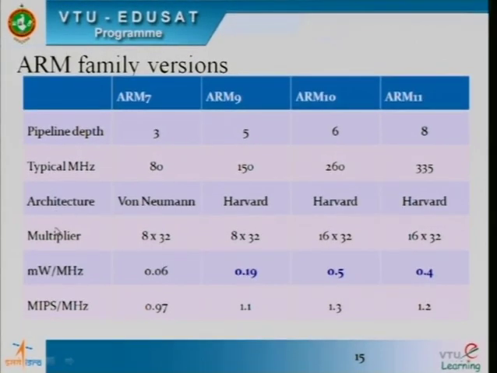And one more point: when we discussed memory organization, I said there are some ARM processors which make use of the von Neumann architecture, and some which make use of the Harvard architecture. ARM7 makes use of the von Neumann architecture, whereas ARM9, 10, 11 are the advanced versions compared to ARM7, so they make use of the Harvard memory organization.